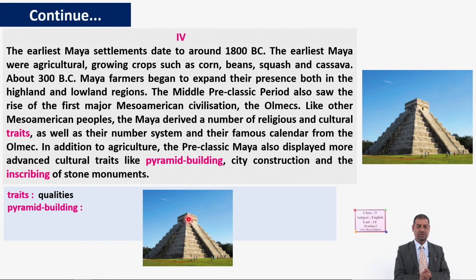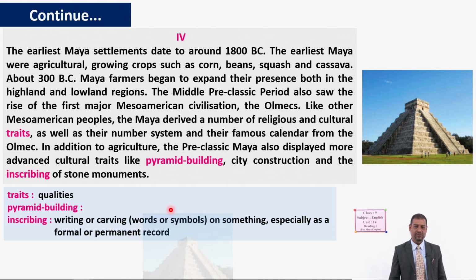And another word we have is inscribing, inscribing. So, what does it mean? Now, it means, let me show you, writing or carving words or symbols on something, especially as a formal or permanent record, okay? So, you might have seen something written on a stone.